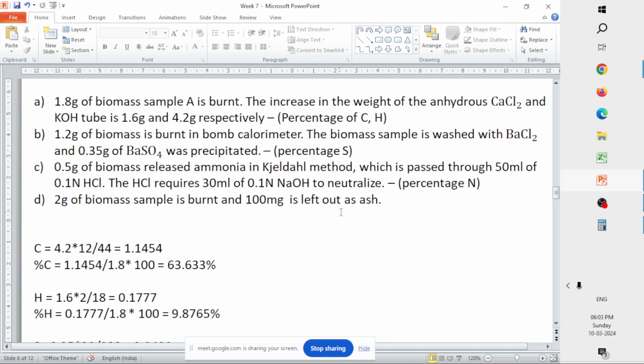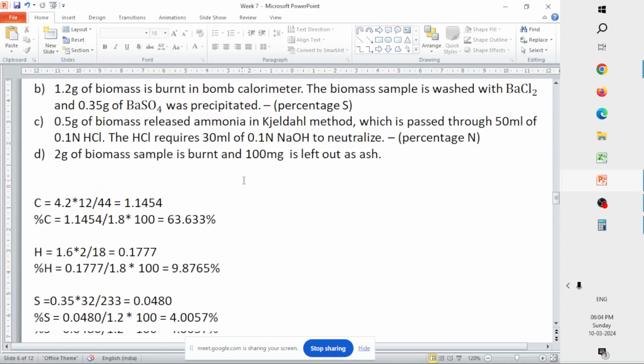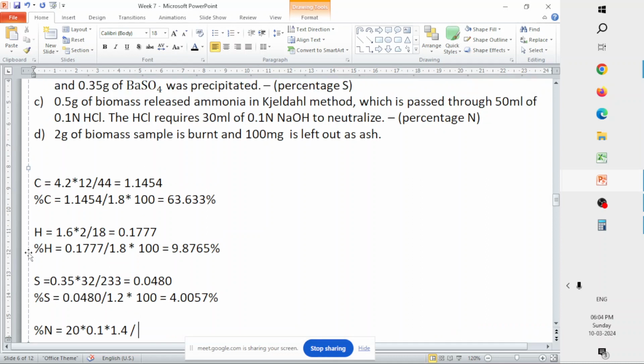The amount of unused acid: 50 ml of 0.1 normal HCl is getting used up, but it requires only 30 ml of 0.1 normal NaOH to neutralize. So 50 minus 30, that will be 20, times normality of NaOH, which is 0.1, because that is the normality of the acid, 0.1 normal HCl, times 1.4, the whole divided by the weight of the biomass, that will be 0.5.